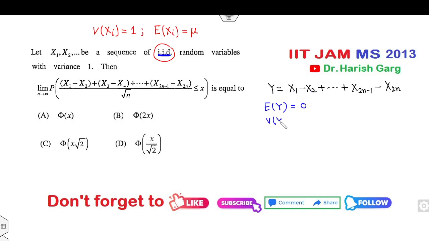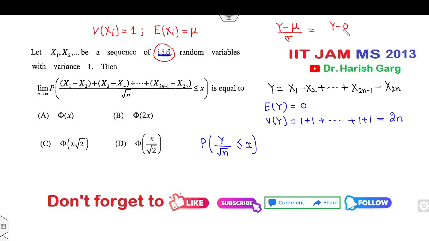Can you find the variance of y? This is 1, this is also 1, up to, because they are independent and identical, so the total is 2n. So my given expression is y divided by root n is less than or equal to x. Your target is to write in terms of z. What is the mean? Mu is 0, sigma is root of 2n.